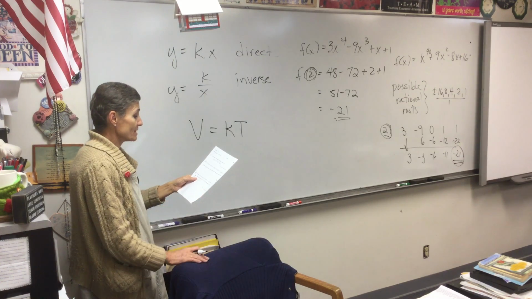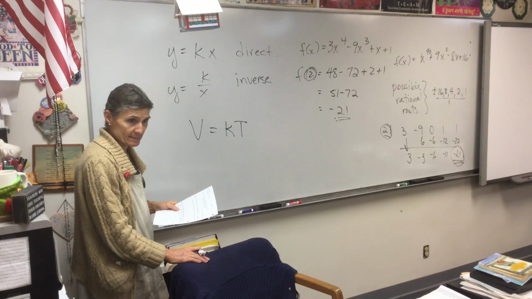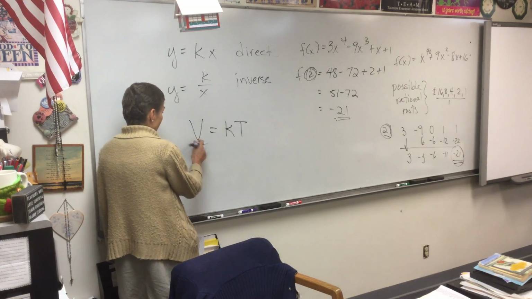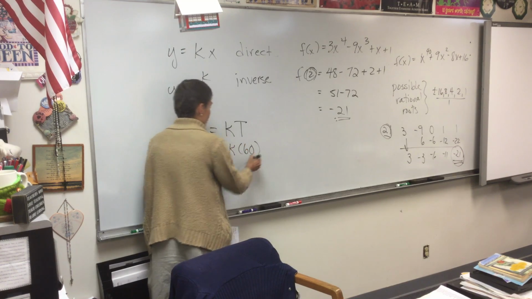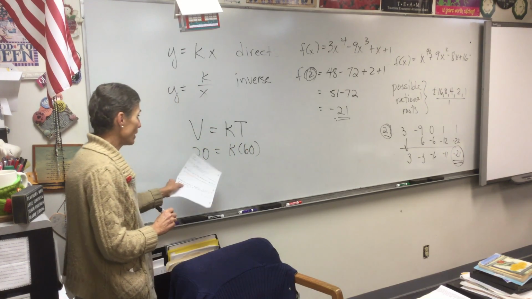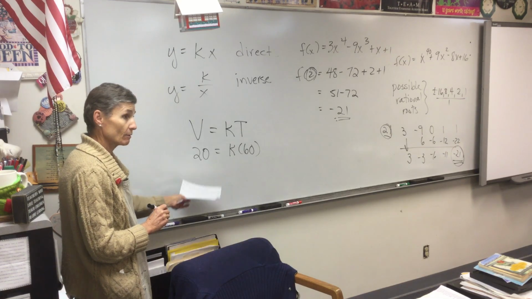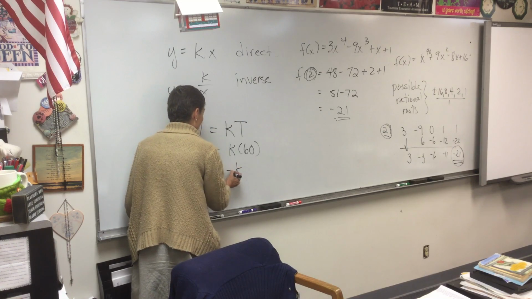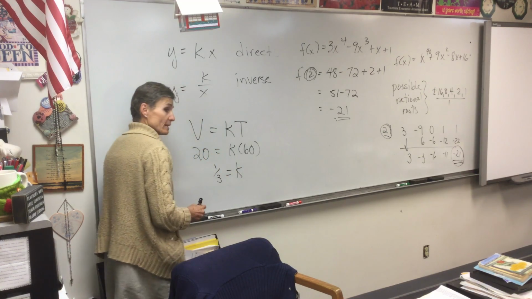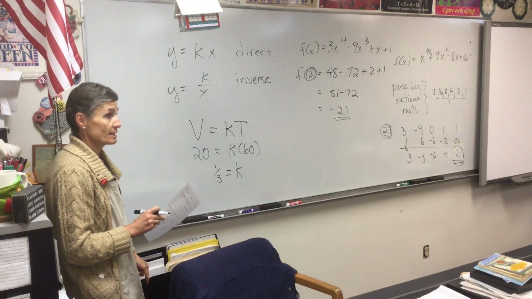The volume is 20 when the temperature is 60. What information now can I get? k equals 1/3. How did we get k equals 1/3? 20 divided by 60.